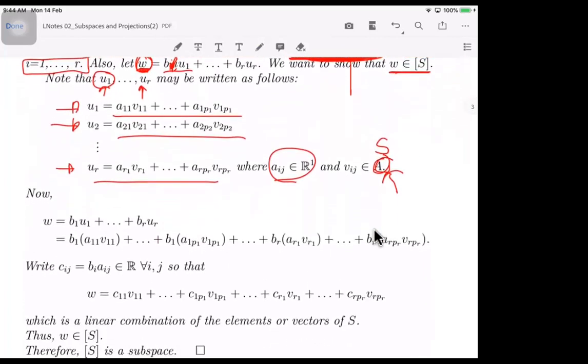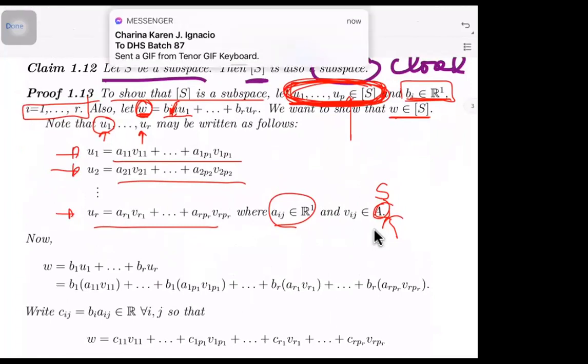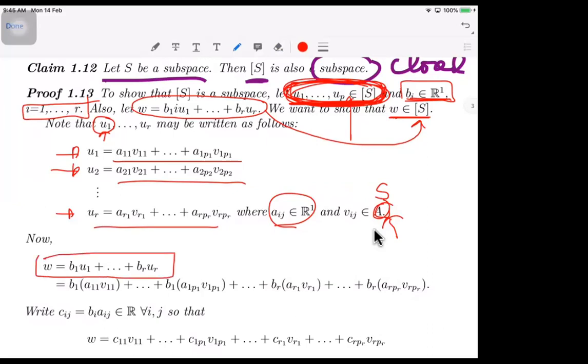Okay? So we defined W, this. We want to show that it is in the linear span of S. So W is this. But each u_i is equal to this. So when you substitute, you distribute the b_i, and it becomes this. Are you following? And then you do that for all.